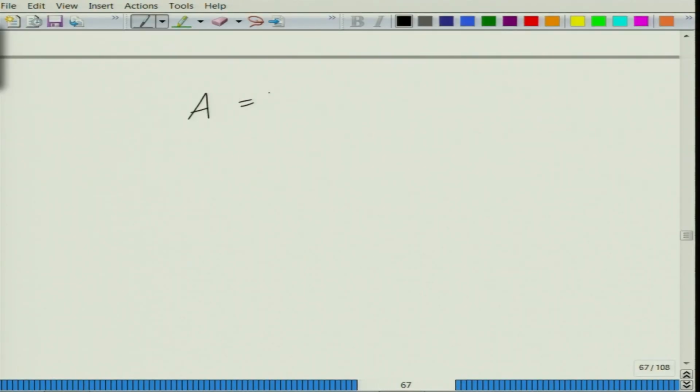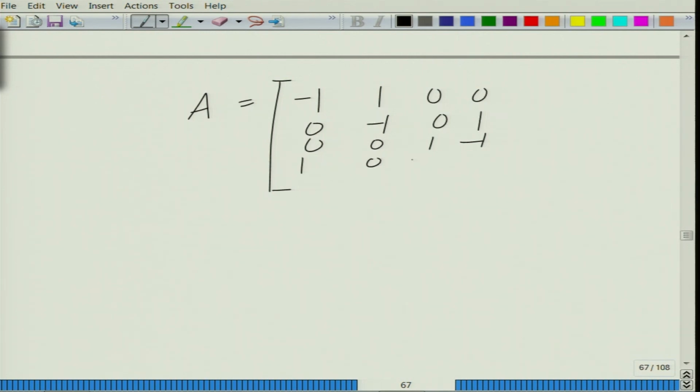We have once again A equal to minus 1 1 0 0 0, minus 1 0 1 0 0, 1 minus 1 0 0 1, minus 1 1 0 minus 1 0, 0 minus 1 0 0 1, minus 1 0. Now, let us look at what A transpose is.